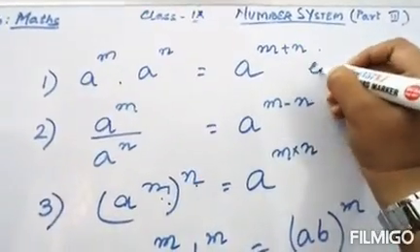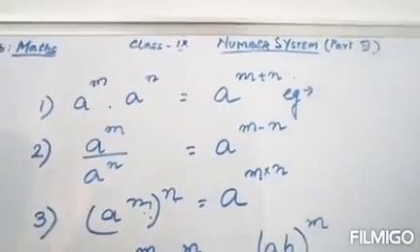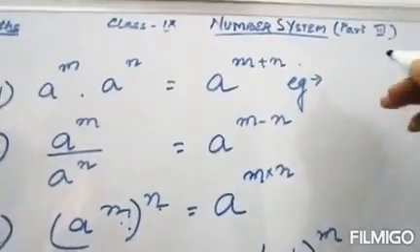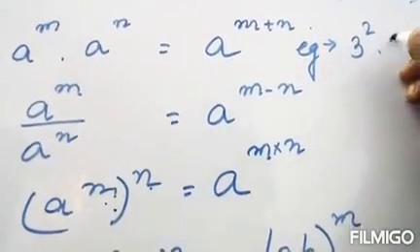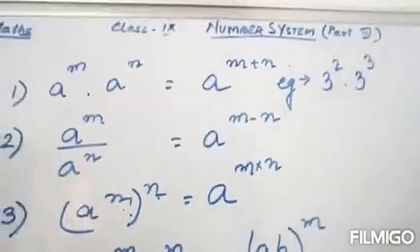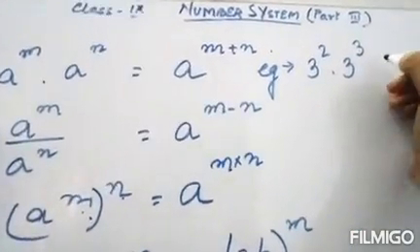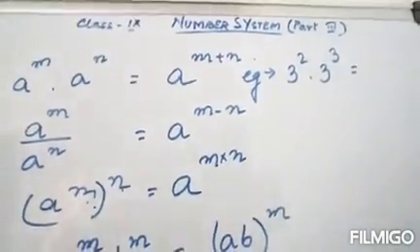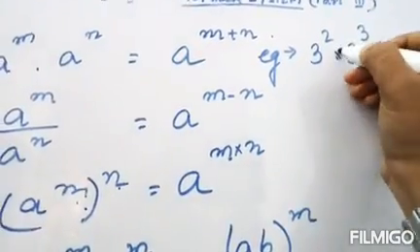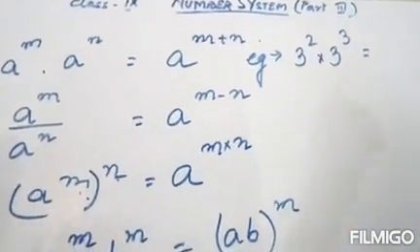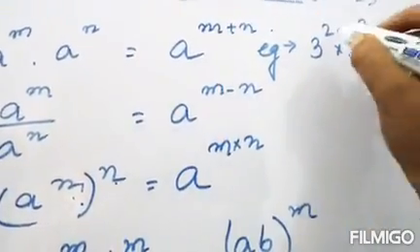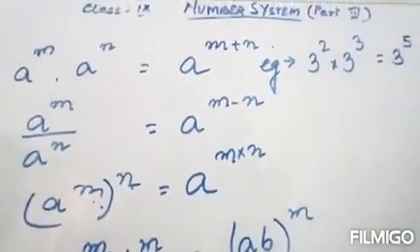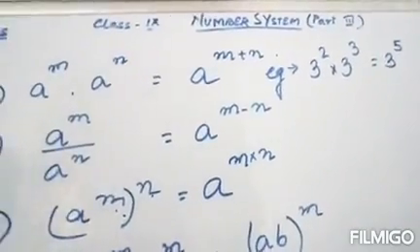Example of this, let's see. If I say 3 to the power 2 into 3 to the power 3, instead of writing in this way, in multiplication form, we can write 3 to the power m plus n. So 3 to the power 5, that is 2 plus 3.